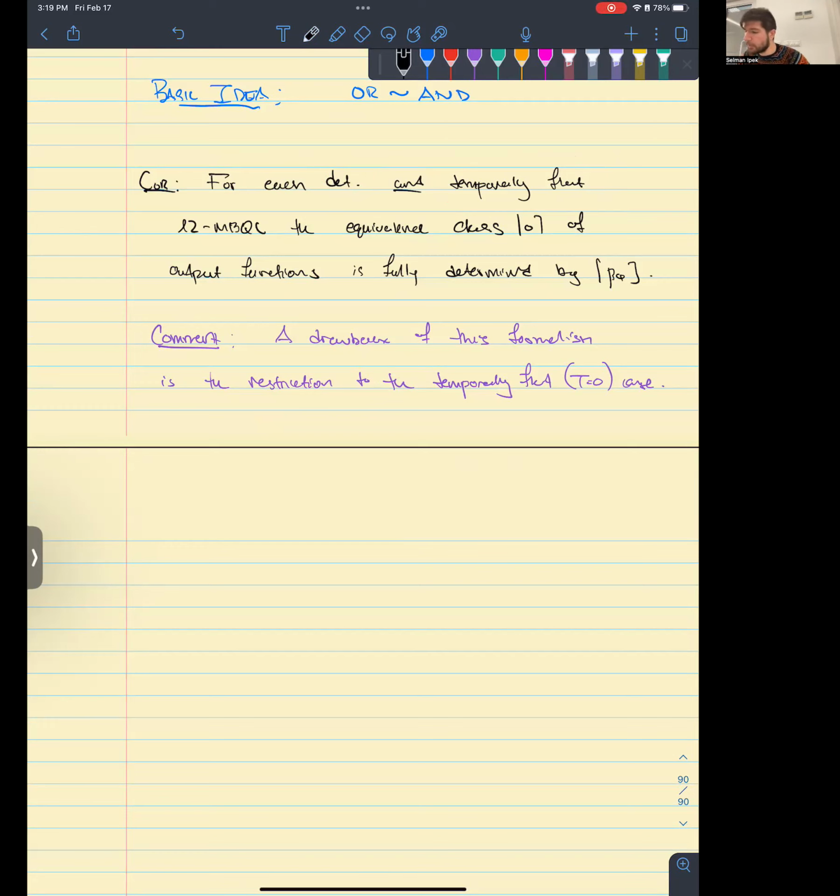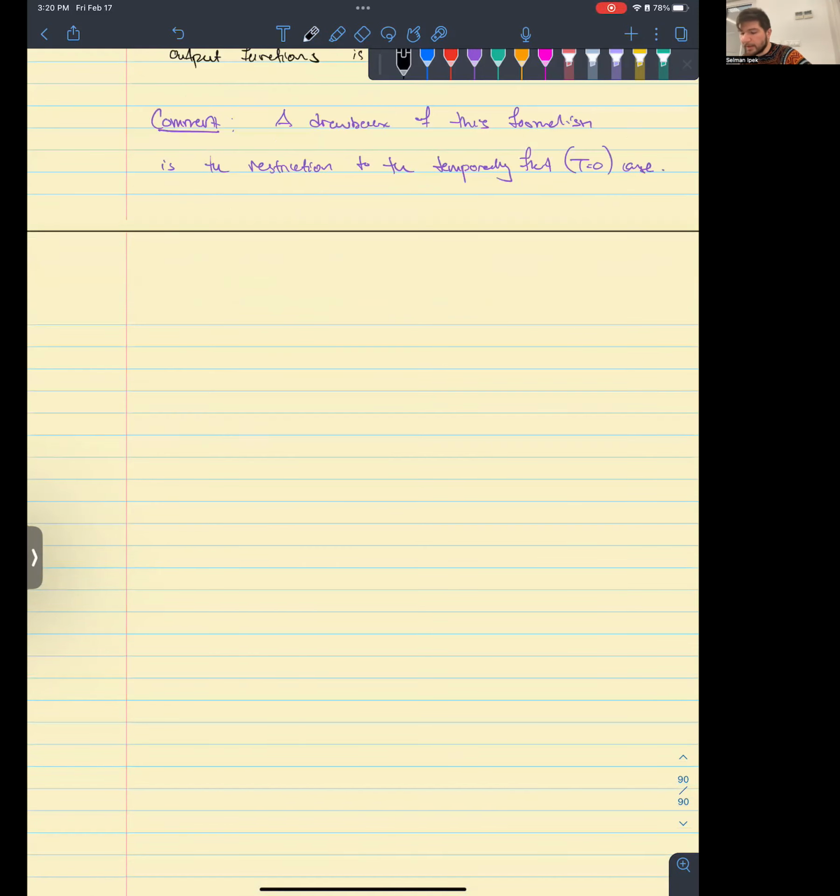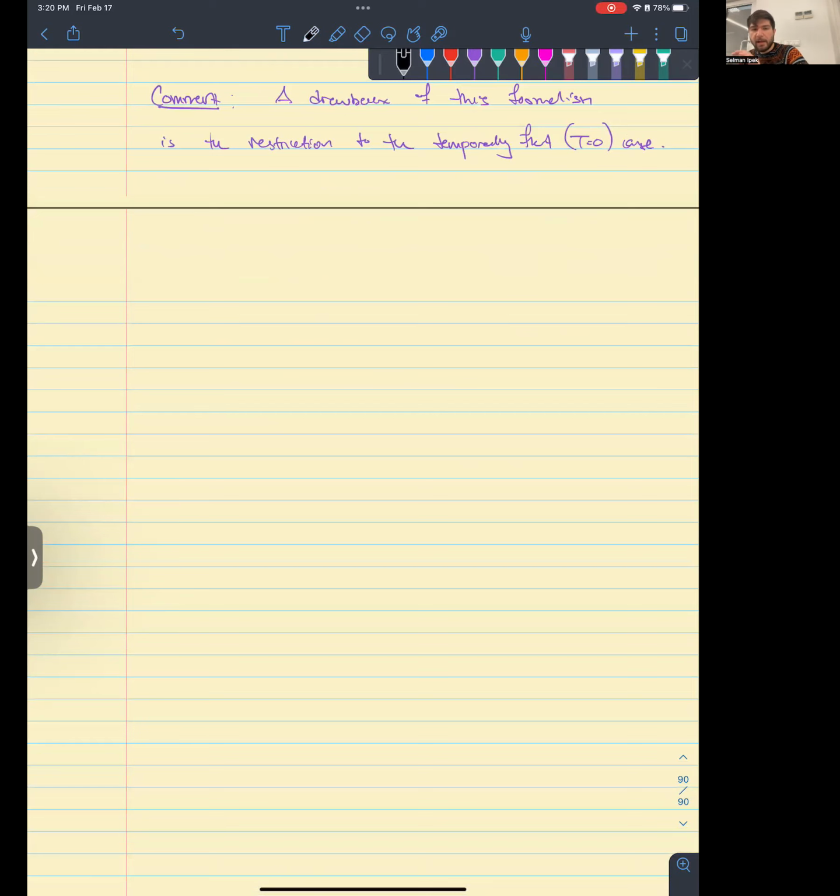So you can do the probabilistic case, but the temporally flat, so the adaptive case where it's not temporally flat, is not treated well. So the motivation for the example that we will look at now is as a first pass at introducing some level of adaptivity to this cohomological version of MBQC. So maybe we just go right into it.